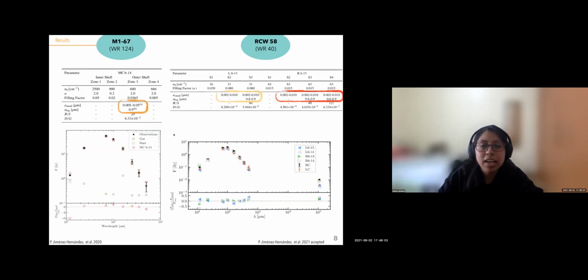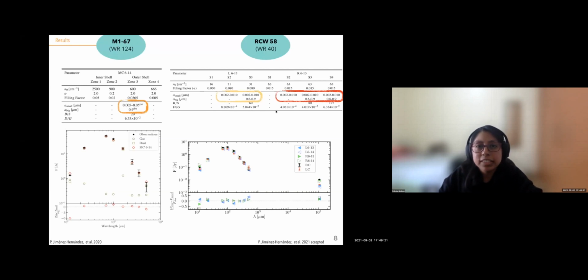In the tables, I show you the gas and dust distribution of the models. For M1-67, you can note that only zone 3 has dust, the same as the outer layers of the LC and RC models.